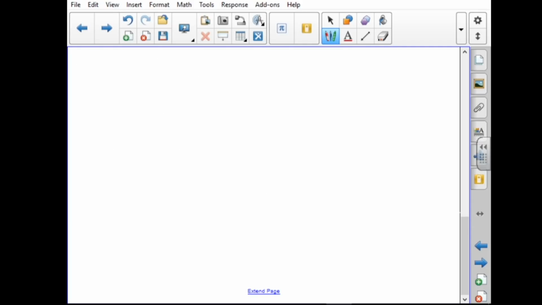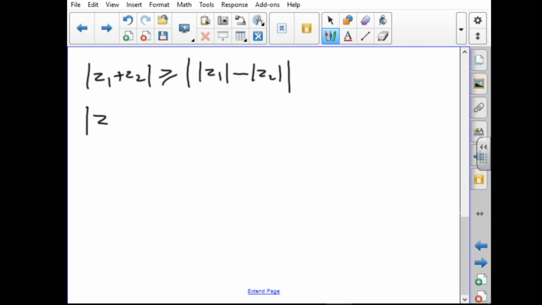Now, also we know that modulus of Z1 plus Z2 is greater than or equal to modulus of Z1 minus modulus of Z2. So, modulus of Z plus 6 minus 8I is greater than or equal to modulus of Z minus modulus of 6 minus 8I.